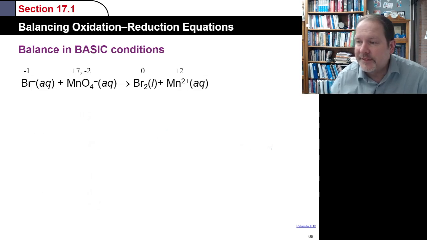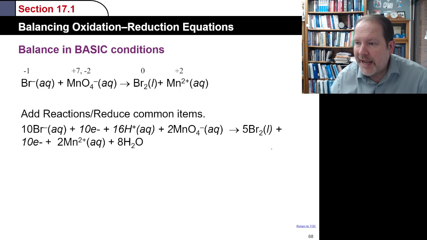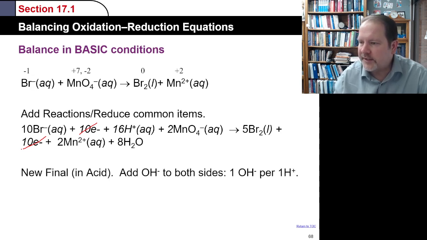Okay? So now I'm going to add them together, put all the reactants together, all the products together. Now, once I'm in this stage, I can get rid of the 10 electrons on both sides. I'm trying to find things that are the same on both sides. All right, and I think that's it for now.